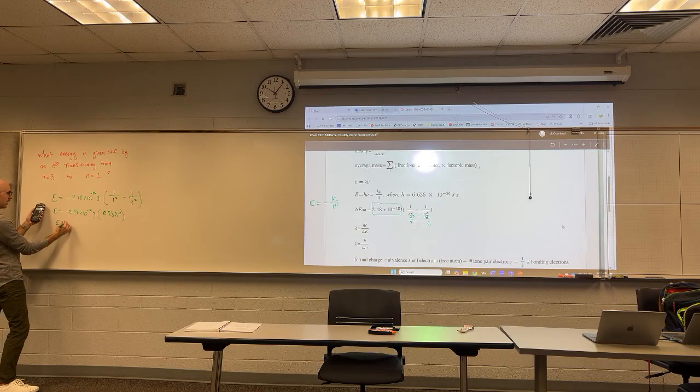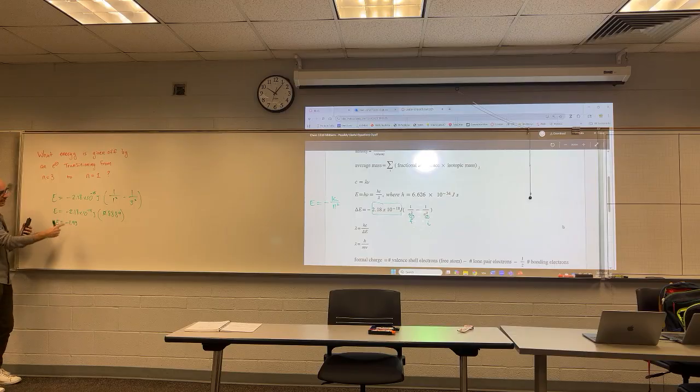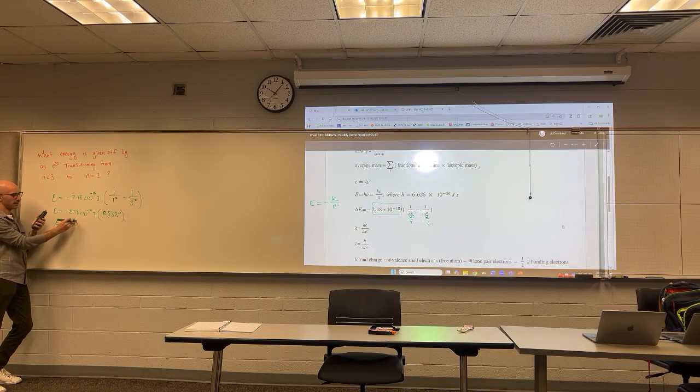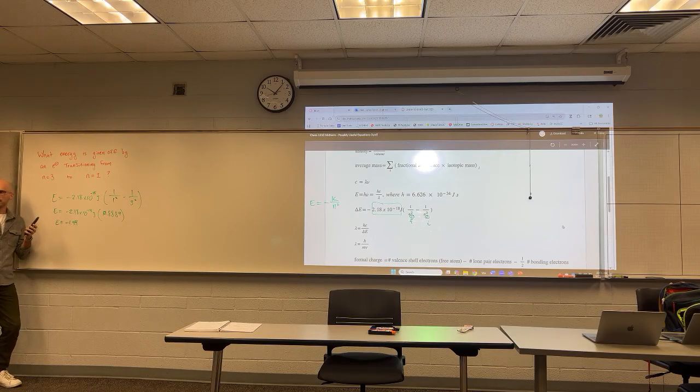The energy here is negative 1.93. I'm limiting myself to 3 sig figs, but this is 1.937, so I'm going to round up to 4.